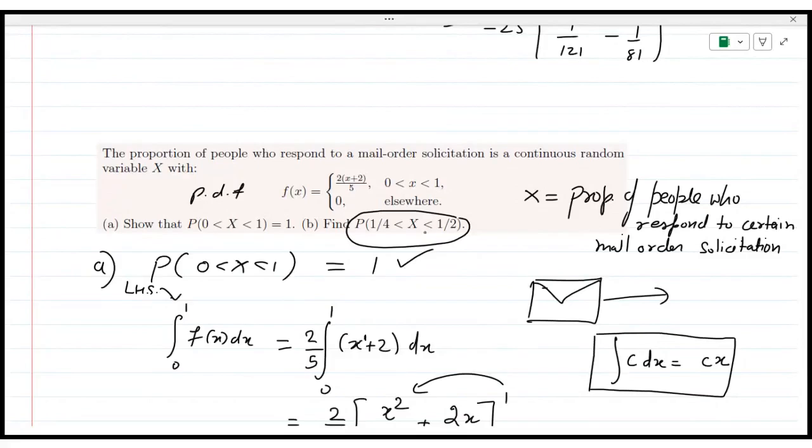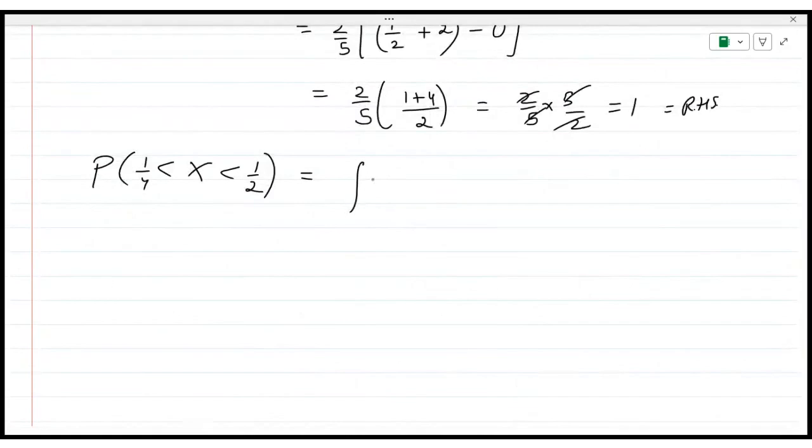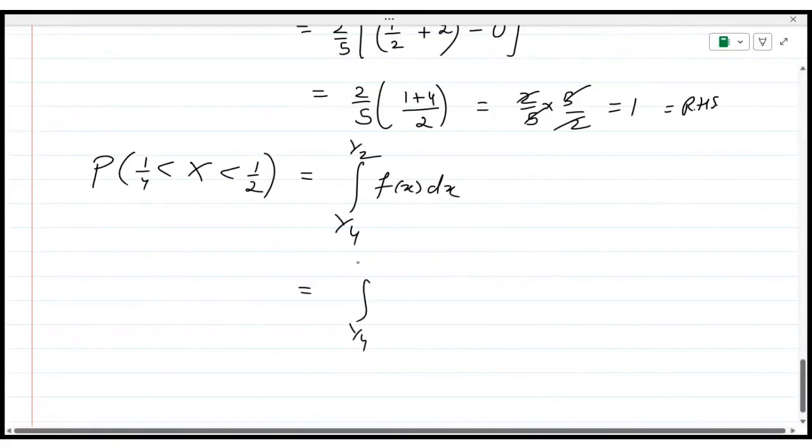So how do we find the probability from the probability density function? By integration. From where to where do we have to integrate? 1/4 to 1/2. I am doing the integral of the probability density function from 1/4 to 1/2. What is the function? Students, again I will use the same logic.